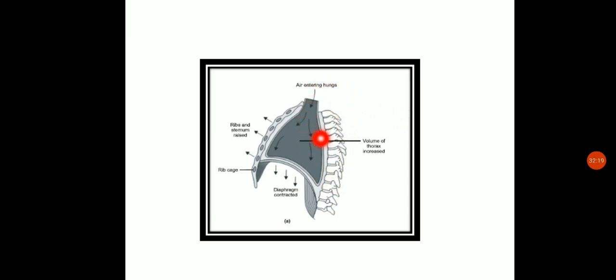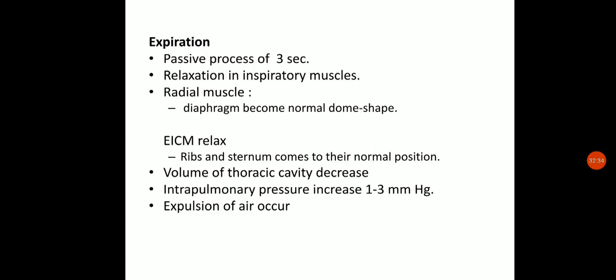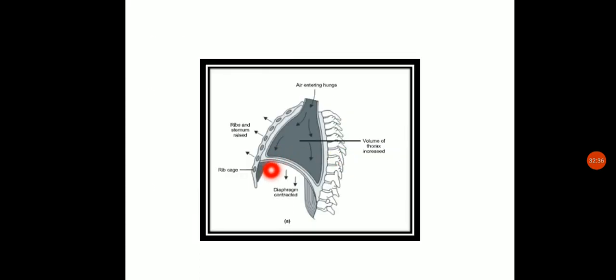These are the rib muscles, that is, the intercostal muscles, which are related to the ribs and sternum, and this is the diaphragm. Normally the diaphragm is dome shaped, and the rib muscles are in their normal shape.